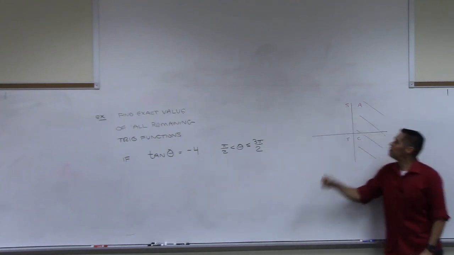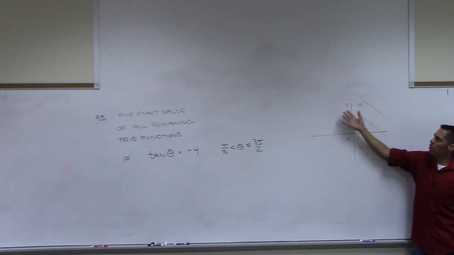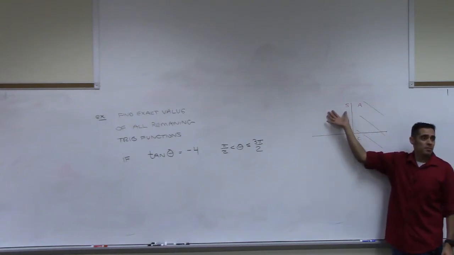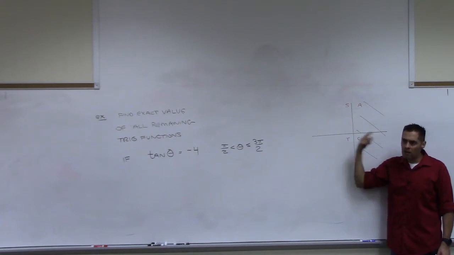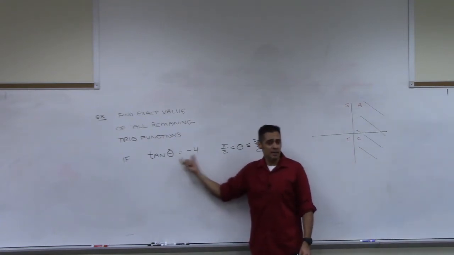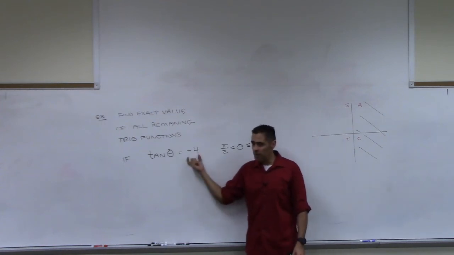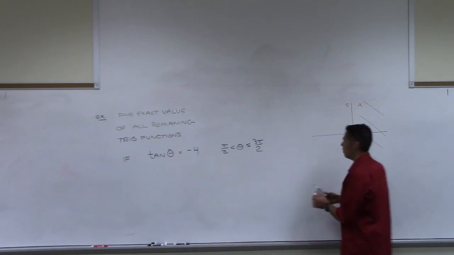All of them are positive here, so it couldn't be here. Only sine is positive here, which means tangent is negative. Here, tangent is positive, so we can't be here. So by combining this information with this information, we can narrow it down to quadrant 2. Y'all get that?